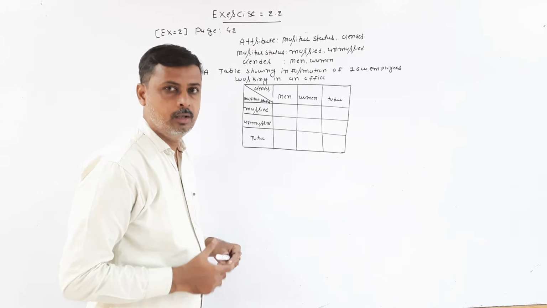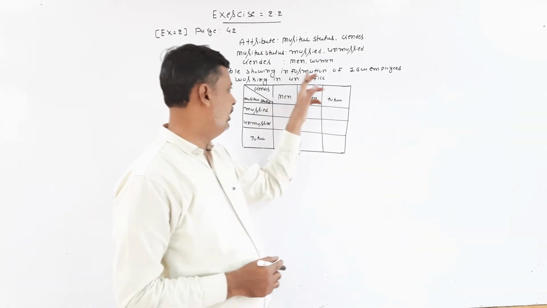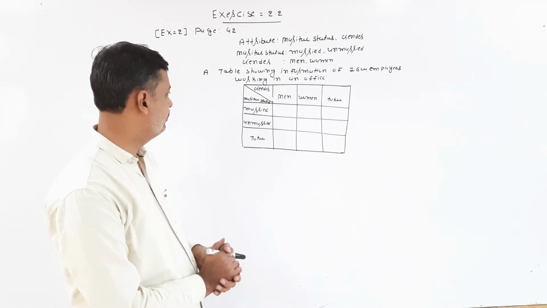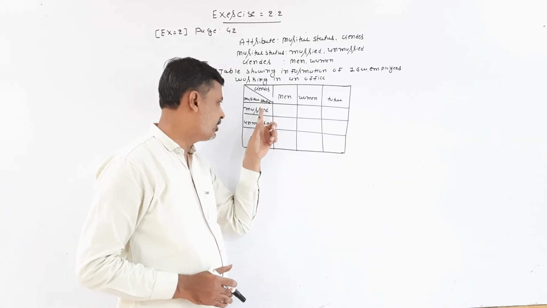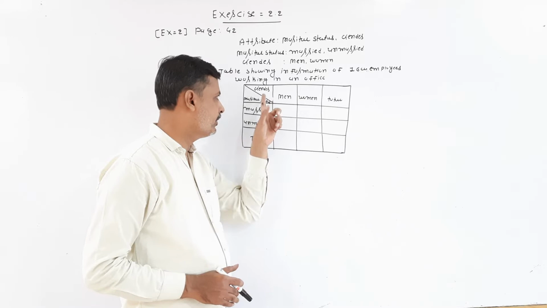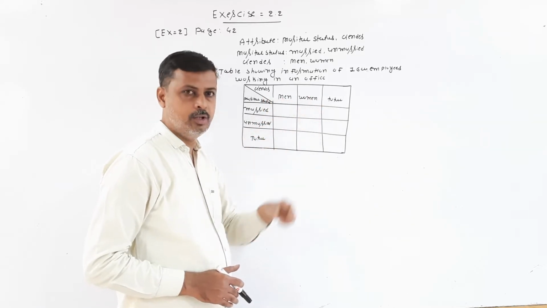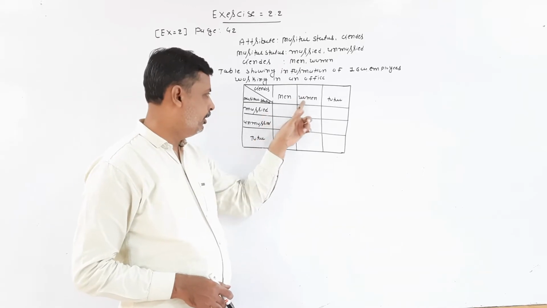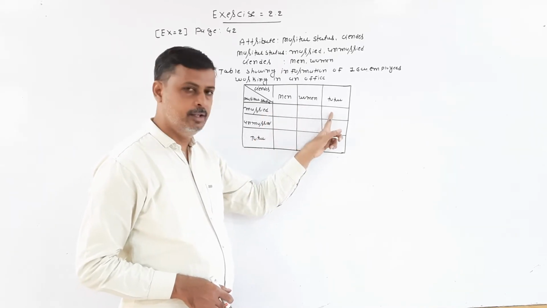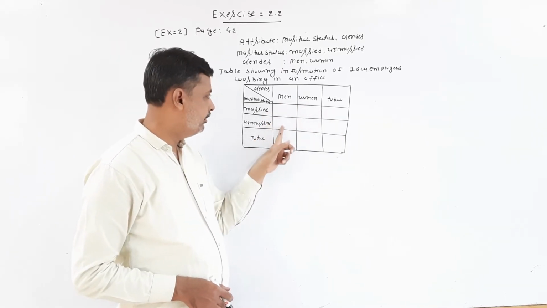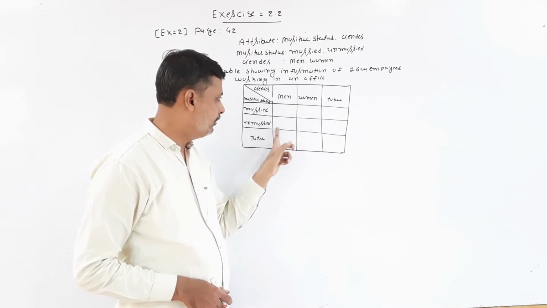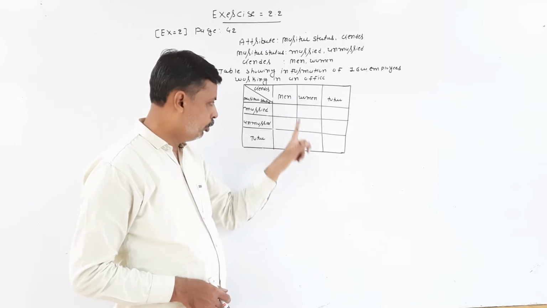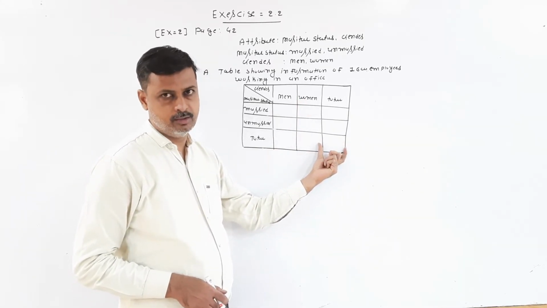So table showing information of 1600 employees working in an office. Marital status, married, unmarried, total. Gender wise, men, women, and total. Married men here, married women, total married here. Unmarried men, unmarried women, unmarried total, and here total men, total women, and total employees here.